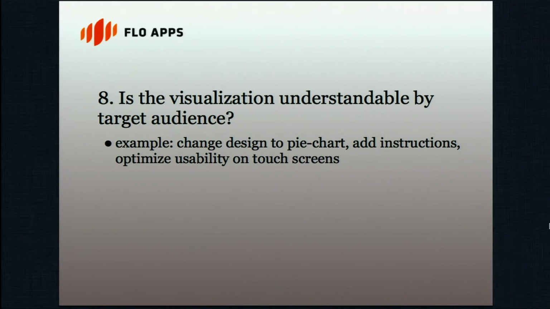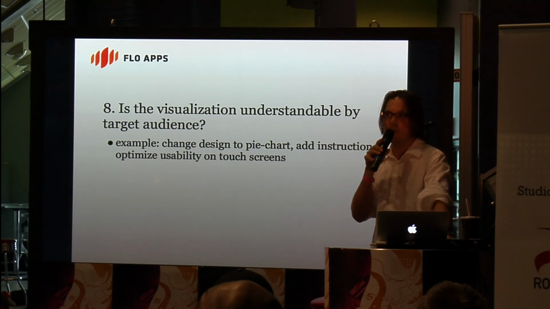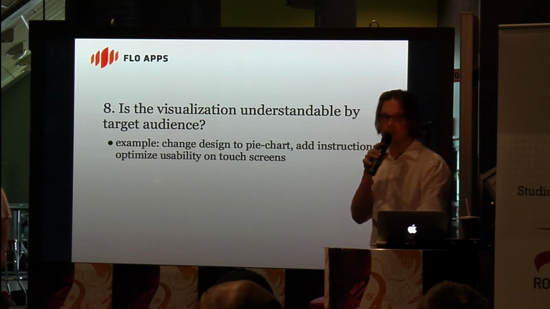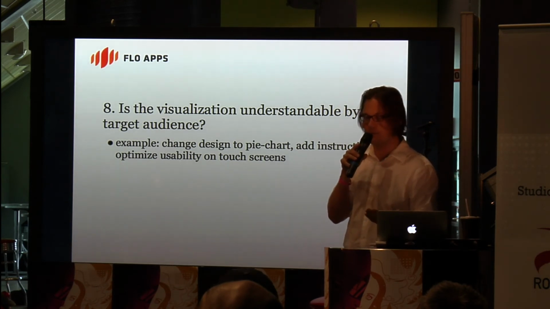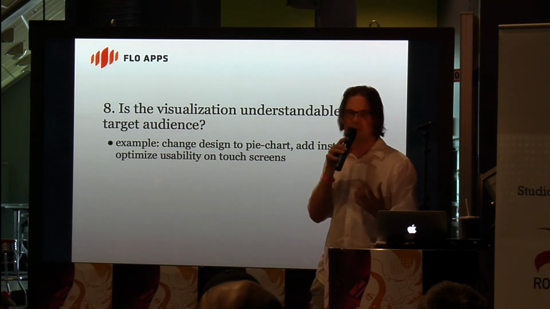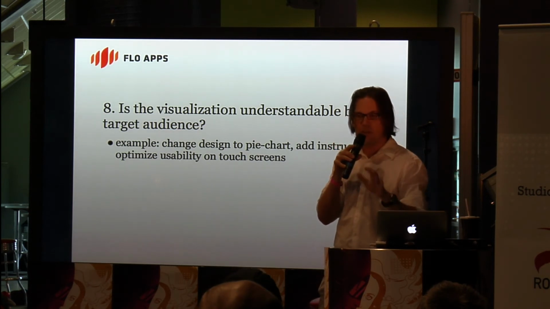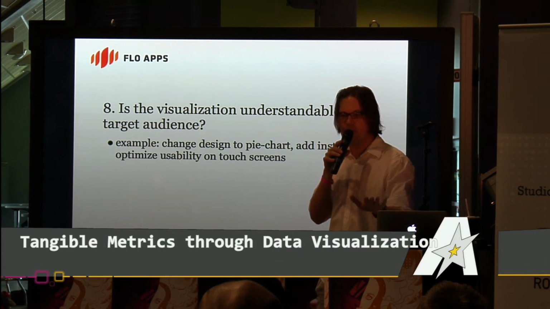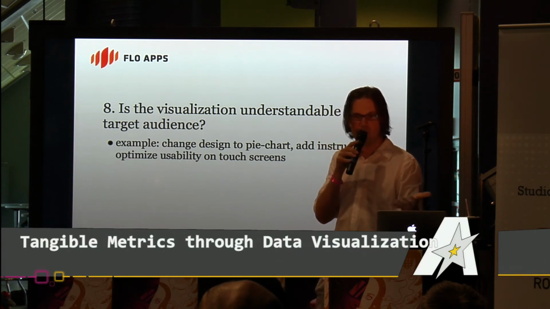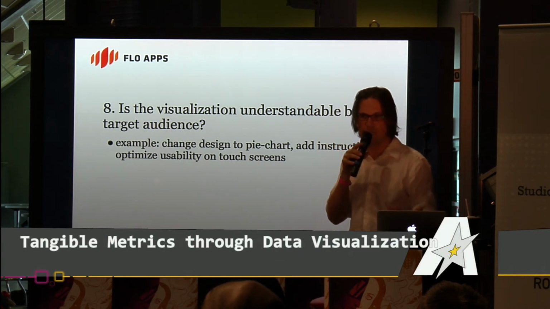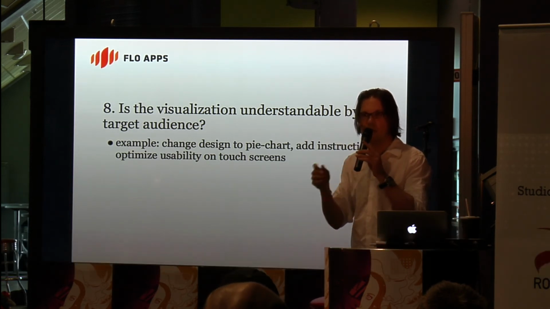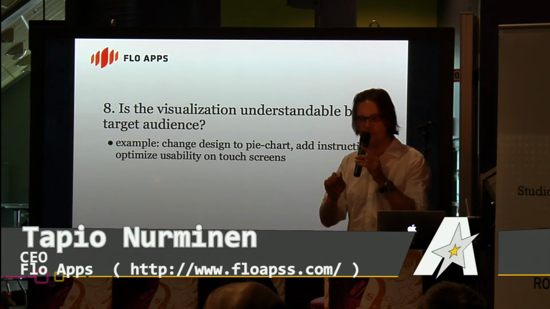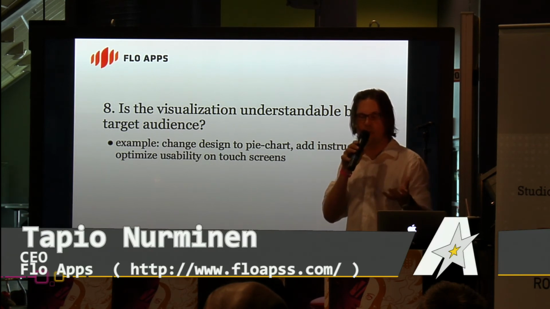Then finally, is the visualization understandable? If not, then you have to fix it. Especially with touch screens, we've often found out that it's one thing to make visualizations for PCs, desktop computers, laptops, but when you have touch screens, you have to have slightly different JavaScript events.